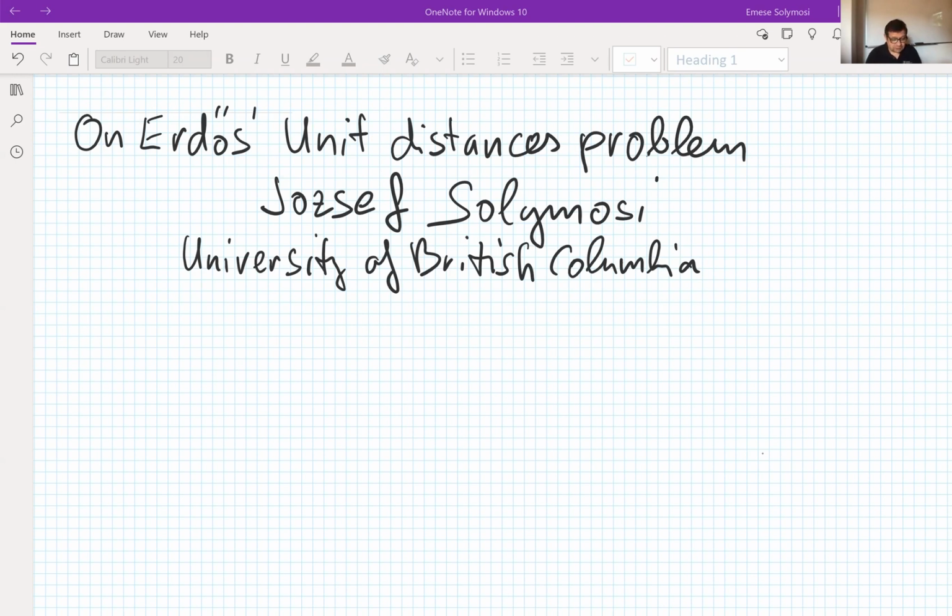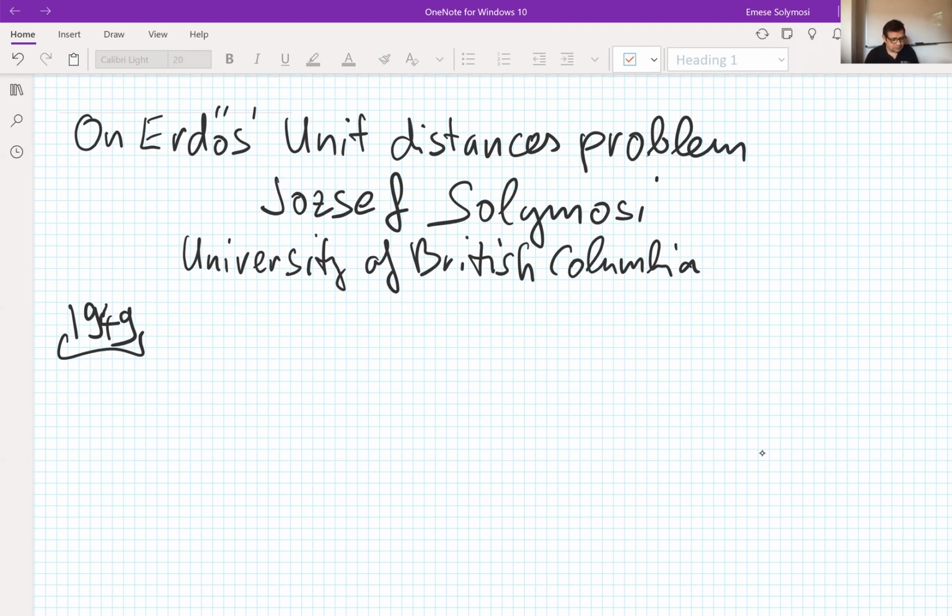Okay, so I'm going to talk about the Erdős unit distances problem. This is a problem from 1949, I think. At least that's when it was published. Probably it comes from an earlier date, but this is one of the great questions of Erdős, in particular in discrete geometry.